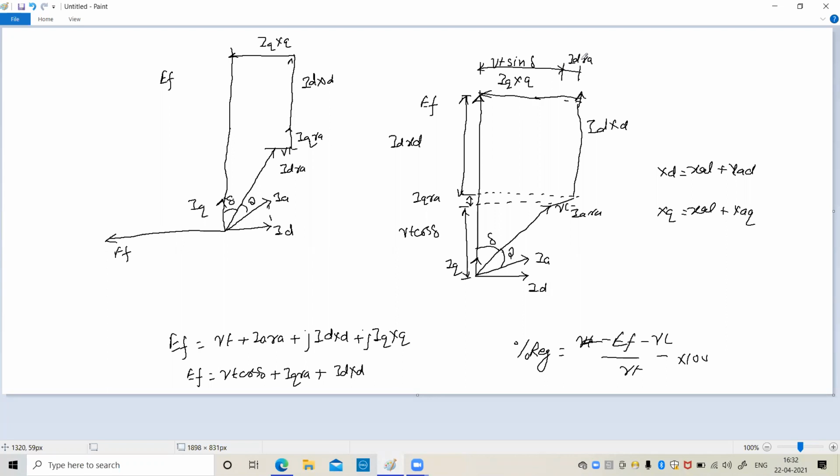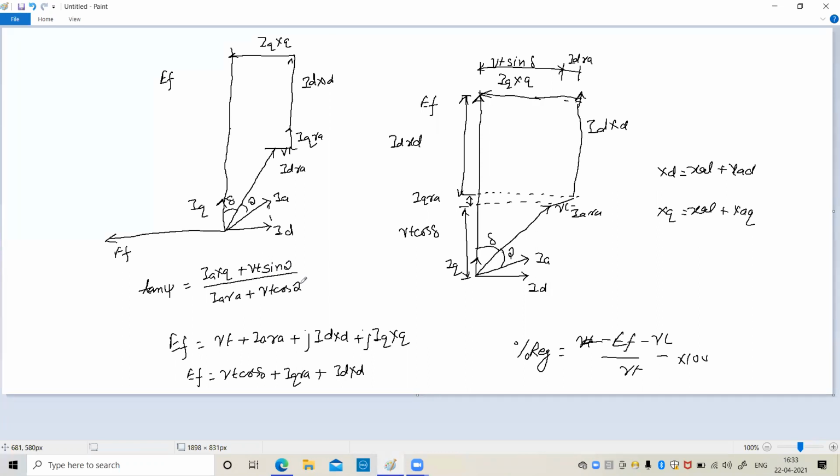So in this way, we have some more relations with respect to the phasor diagram, and therefore tan psi is equal to IAXQ plus VT sine theta divided by IARA plus VT cos theta.